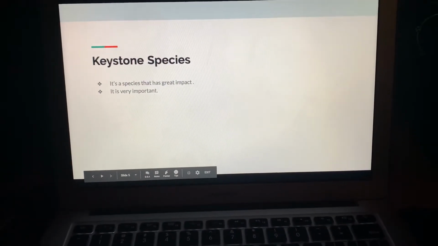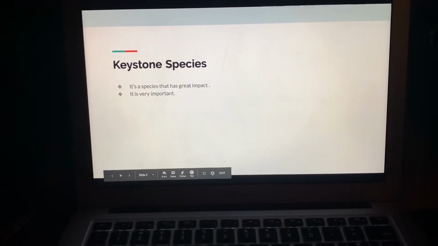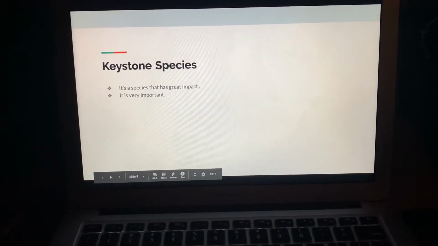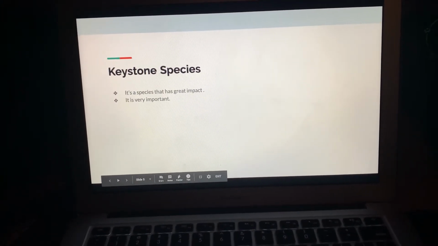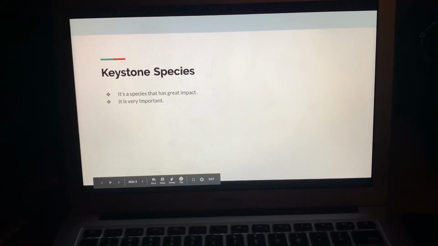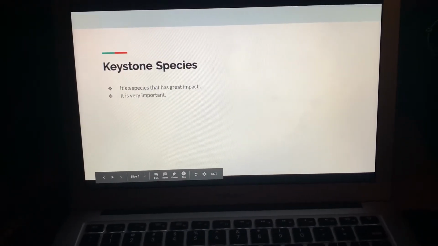For example, the sea otter is a keystone species because it helps eat the sea urchins, and the sea urchins, if they were not consumed by the sea otters, would destroy the kelp forest, which would break down the whole food web and start causing problems in the community.